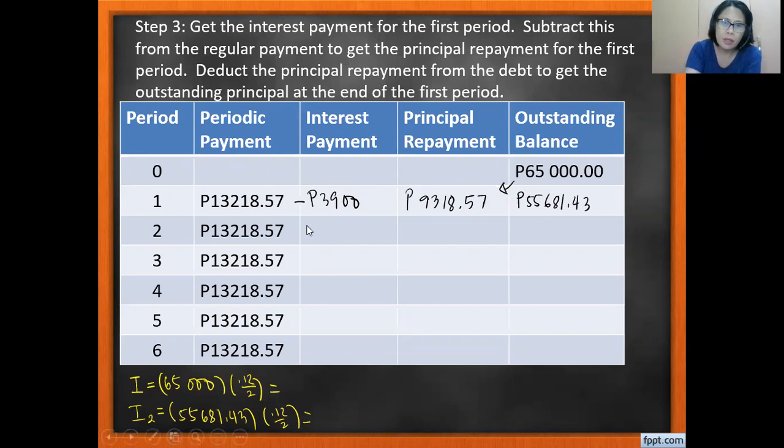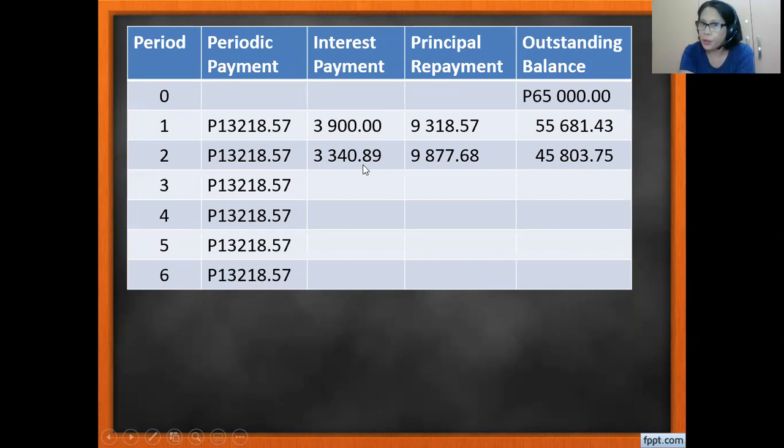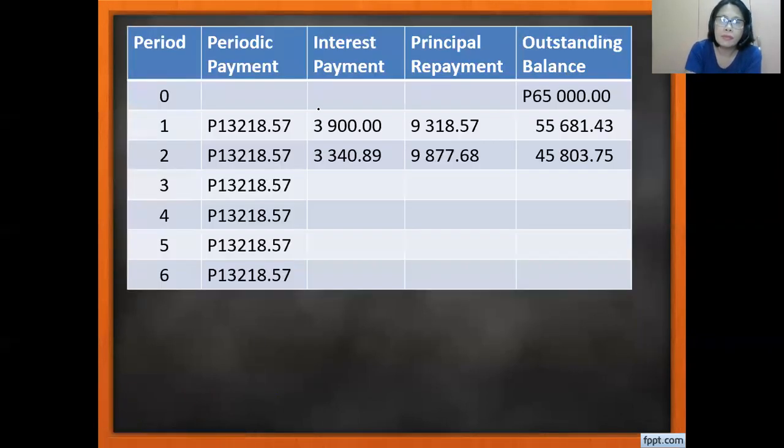So this is 3,340.89. And then we will subtract this from the periodic payment.